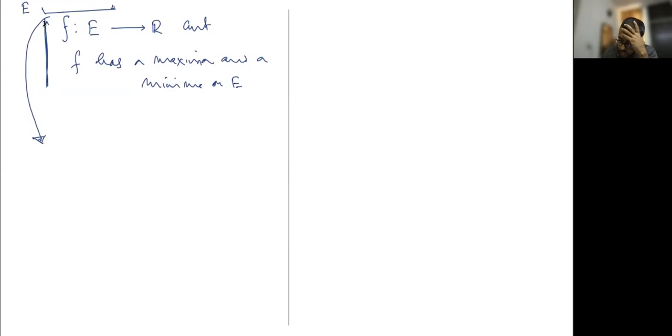So if E is, so this is something I have not defined, but at least some of you or most of you would have encountered this compact set. So this statement remains valid whenever F is defined on a compact subset of R.